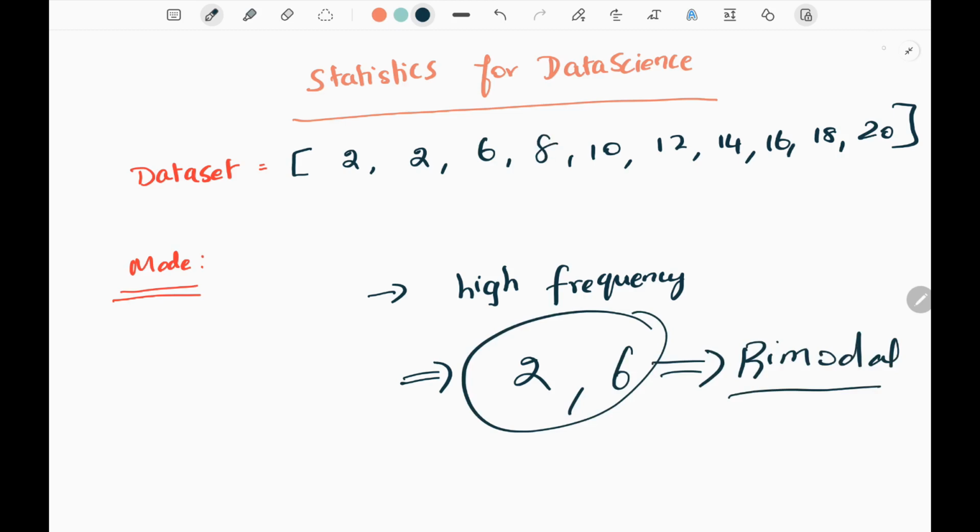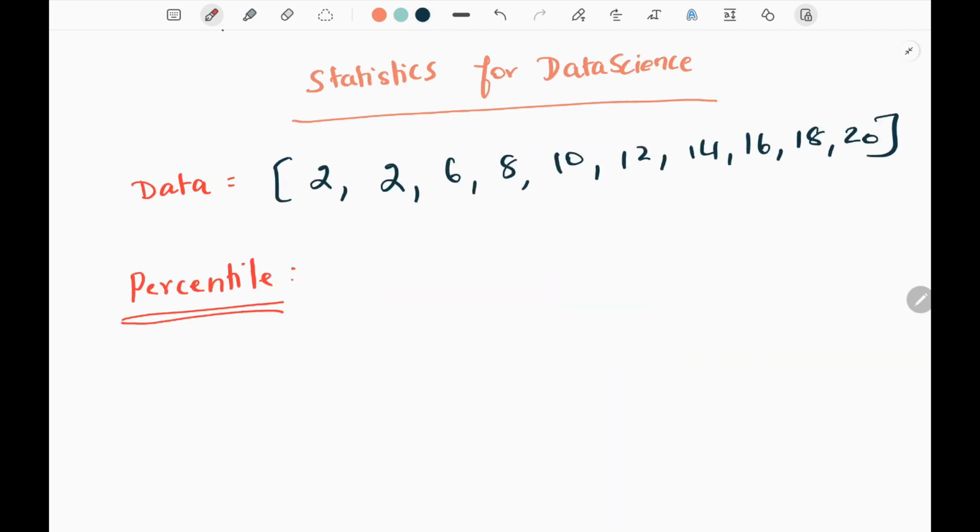Next, we will see percentile, which is another interesting concept. So to calculate percentile, first we need to sort the data. Since the data is already sorted, I'm not sorting the data here. Now assume we need to find the 25th percentile, right?